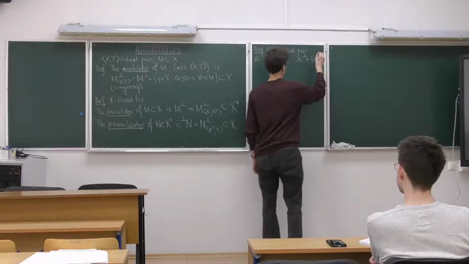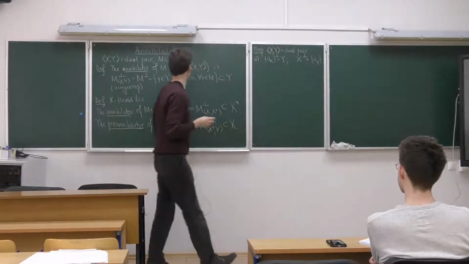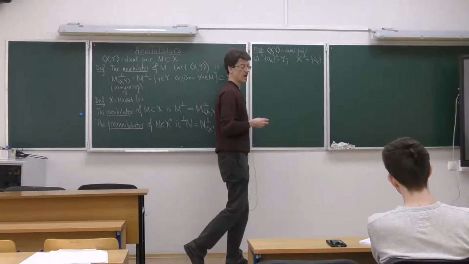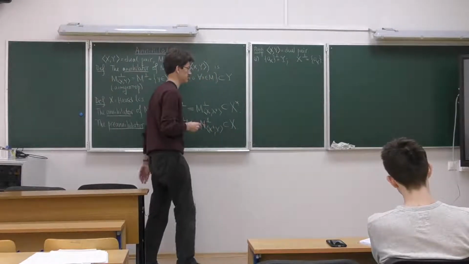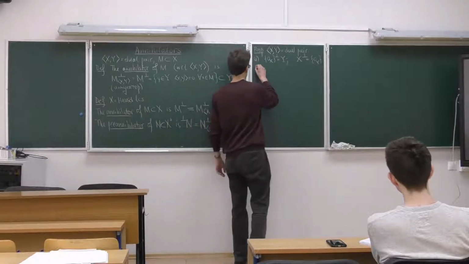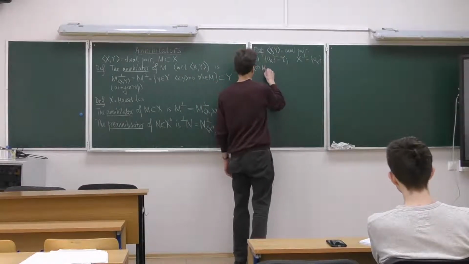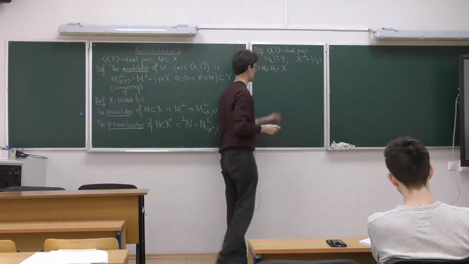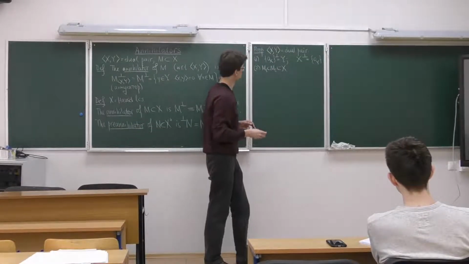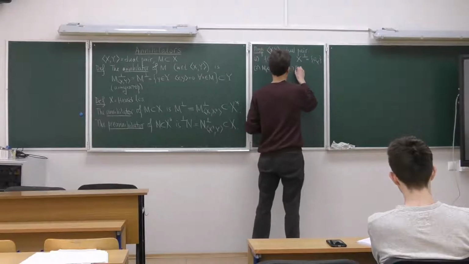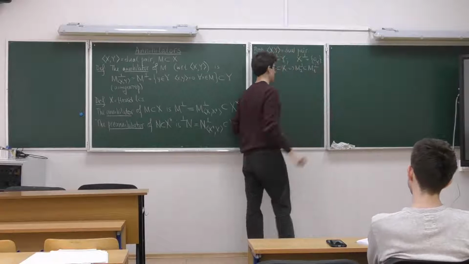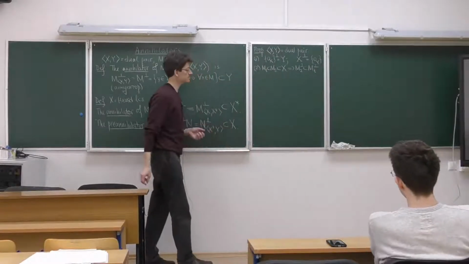And this is immediate from the fact that our pairing is not degenerate. So the only element in Y which vanishes everywhere is 0. Second, if we have the following inclusion, M1 is a subset in M2, then the annihilator of M2 is contained in the annihilator of M1. This is immediate from the definition.